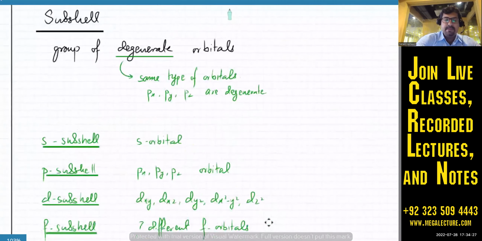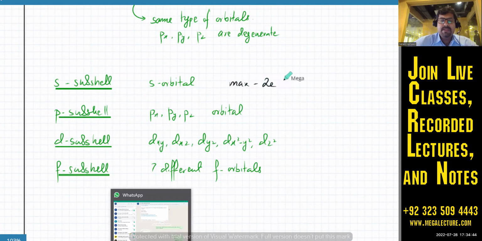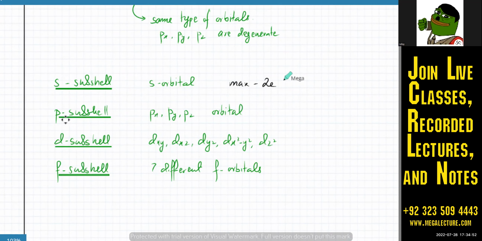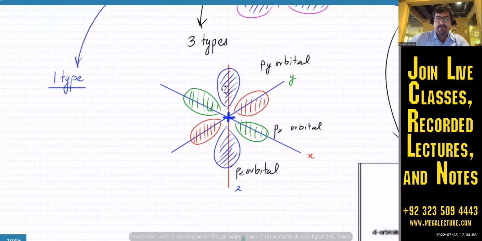So if you go back to subshells, the first subshell can have a maximum of 2 electrons. How many electrons do you think the p subshell can accommodate? I'm talking about the entire subshell. 6. So if you go back to the p subshell, this entire thing is the p subshell. There would be 2 electrons buzzing in the pz, 2 electrons buzzing in the py, and 2 electrons buzzing in the px.